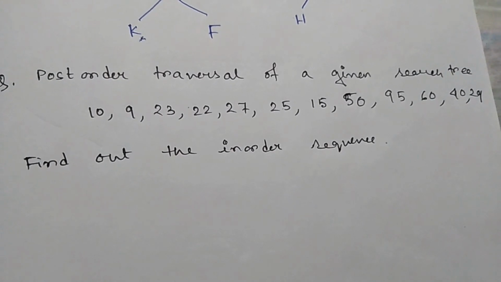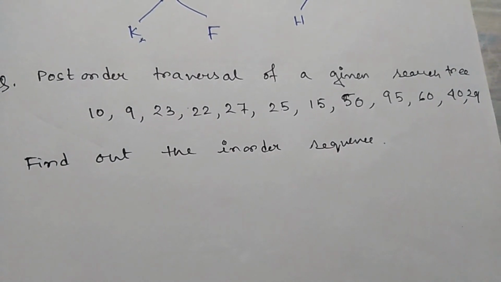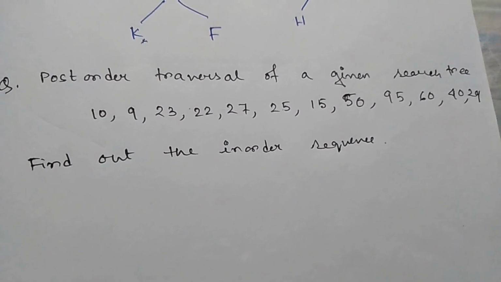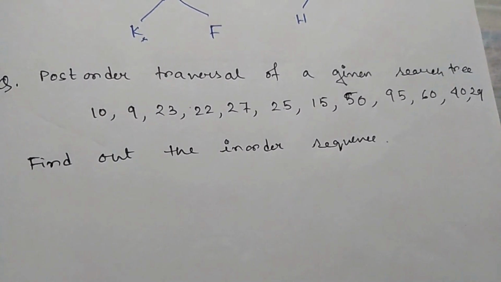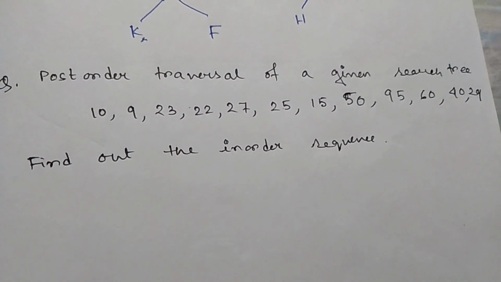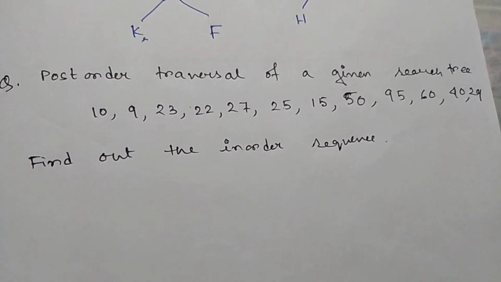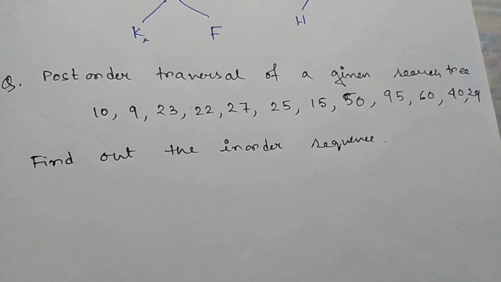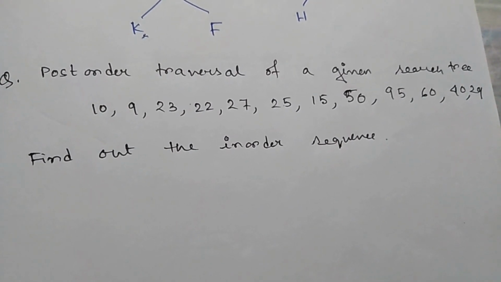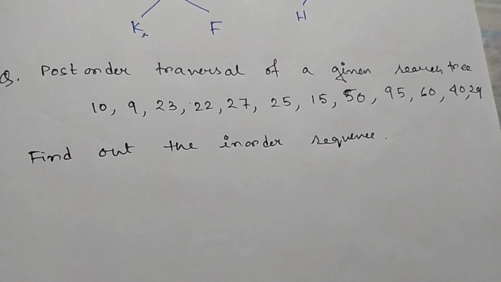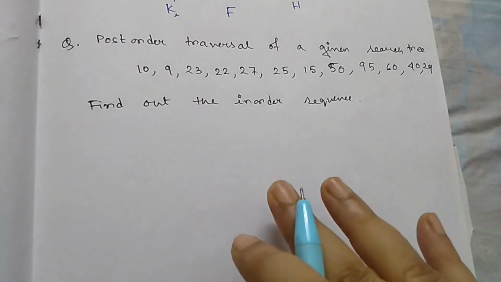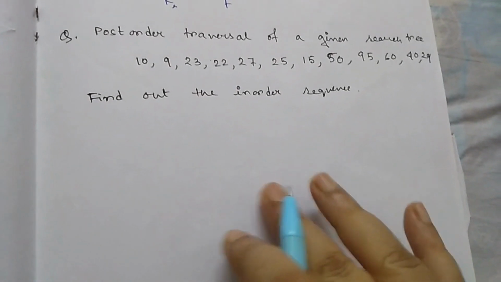Sometimes we find that only one order is given in the question, and we have to find the other order sequence of that tree. This can only happen in a binary search tree. If only one order, here the post-order, is given, and we have to find the in-order sequence of that tree, in that case just write down the ascending order sequence.